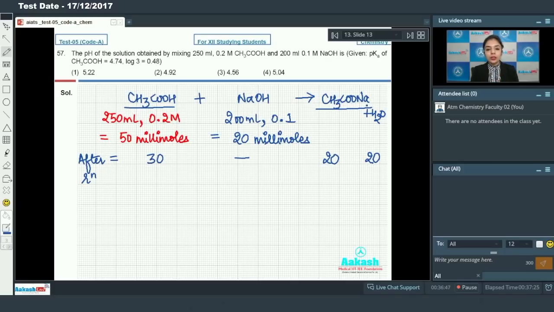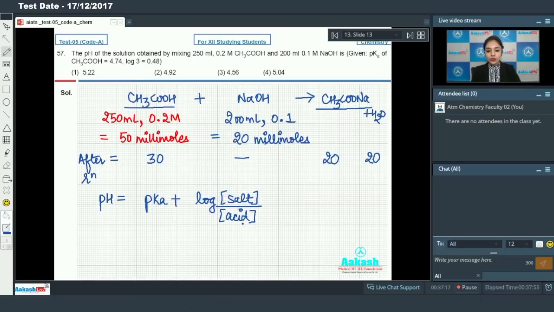This mixture reminds you of the acidic buffer, because an acidic buffer, I've already told you, is a solution of a weak acid and the salt of that acid with a strong base. For the acidic buffer we can calculate the pH, that is equal to pKa plus log of concentration of salt by concentration of acid.